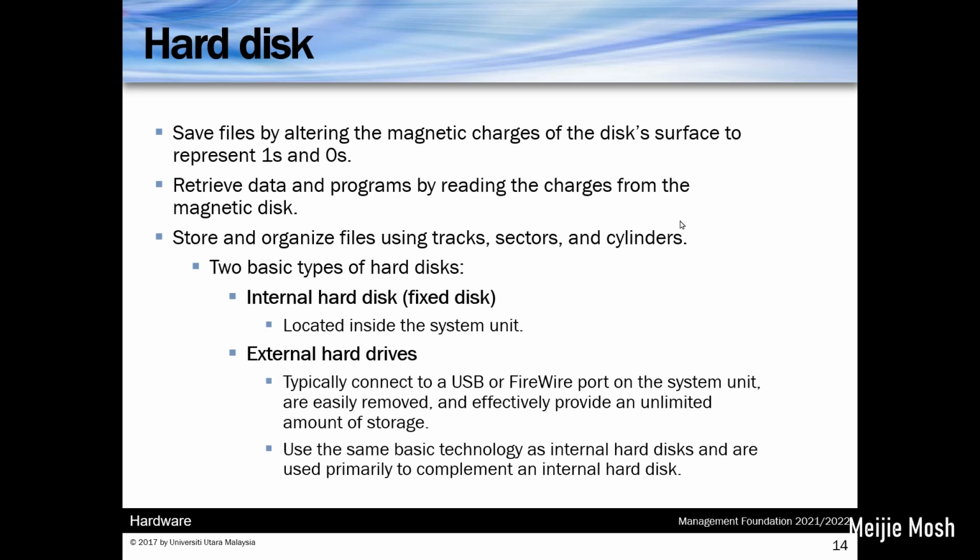There are two basic types of hard disks. The internal hard disk, also known as a fixed disk, is located inside the system unit.